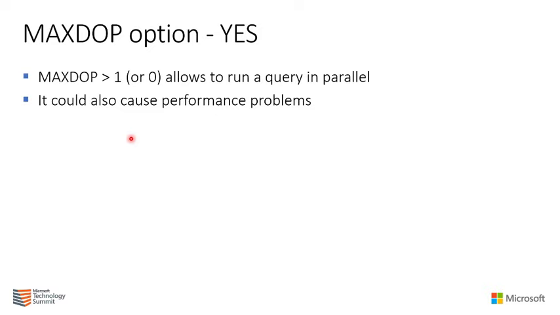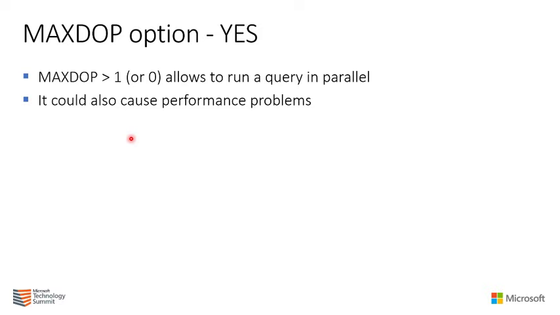It could be 2 or 5 or 6, and that will restrict your query to run on this given number of cores. But if you set this option to 1, it means that you are turning off the ability for SQL Server to run queries in parallel. Sometimes it's okay, but this should not be your general option.